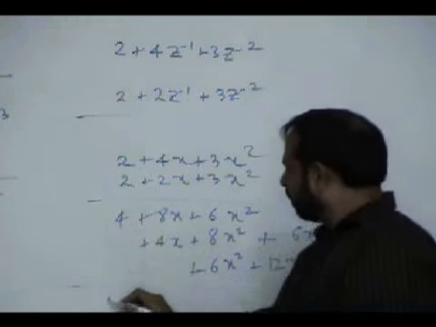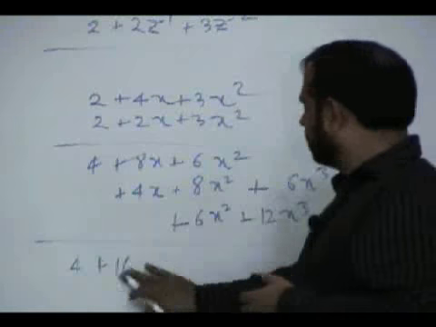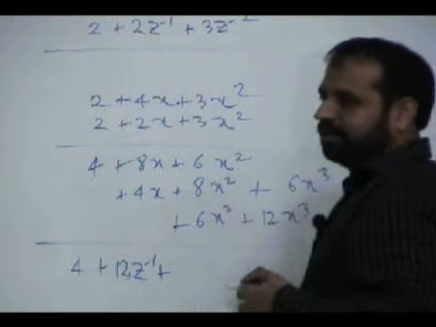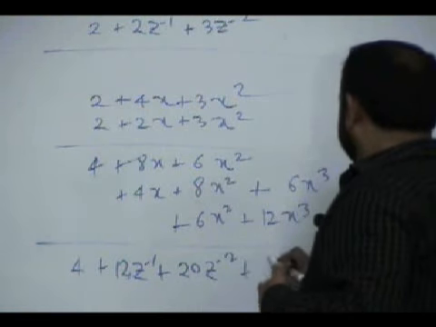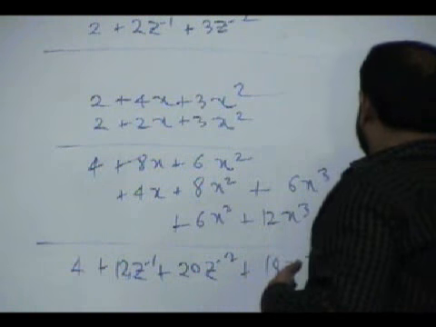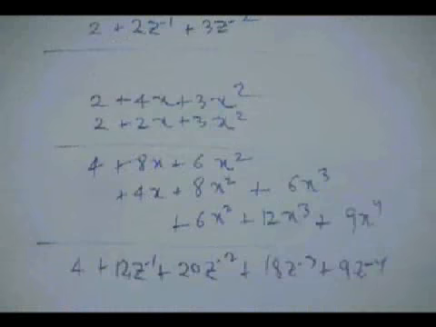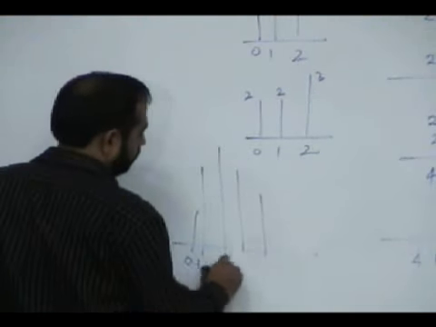So it is 4 plus 8 plus 12, this is in fact Z inverse plus whatever, 20Z minus 2 plus 18Z minus 3 plus 9Z minus 4. So you can actually plot that: you get 4, you get 12, you get 20, you get 18, you get 9. This is what you get.